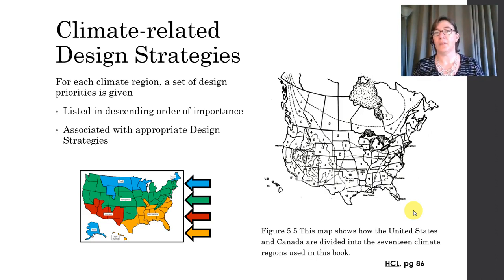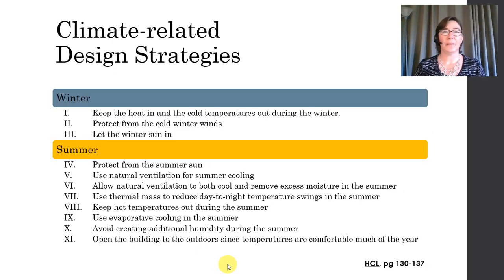We're going to take a look at those, and I'm going to simplify those zones or climate regions even further and talk about what might be appropriate for cool climates in the blue here, temperate climates, hot arid climates, and hot humid climates. So here's a list of the 11 different climate-related design strategies that your textbook covers.